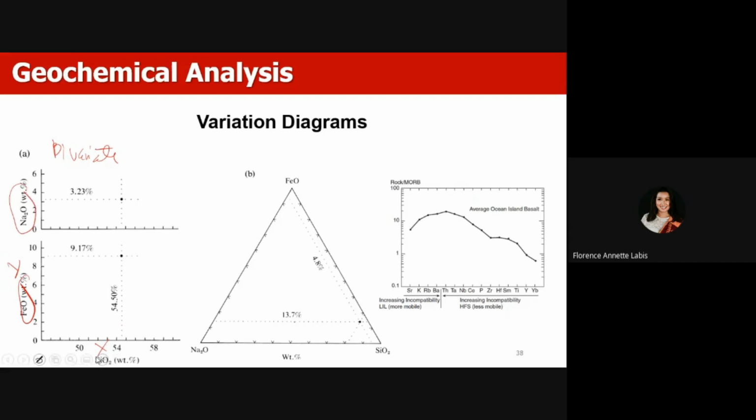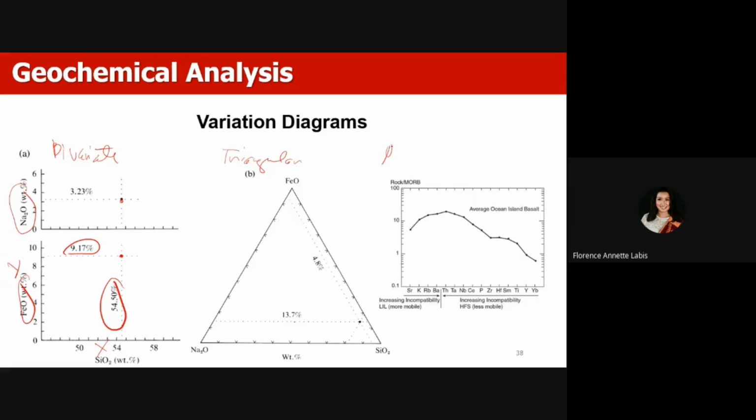If you have, let's say, an andesite, it has this silica content and the iron is somewhere here, so that is where it plots. Second, we have the ternary or triangular diagram, with iron oxide, sodium, and silica.